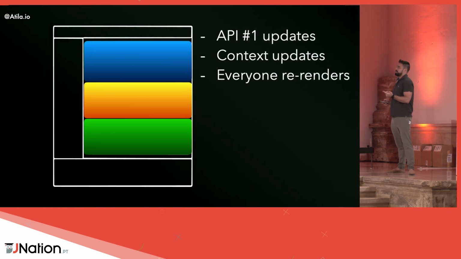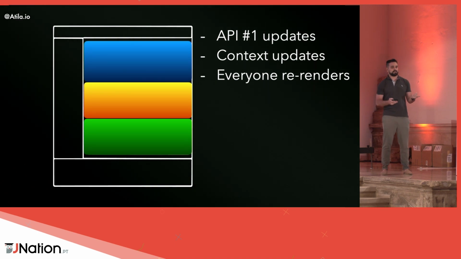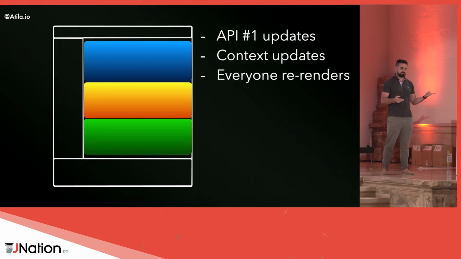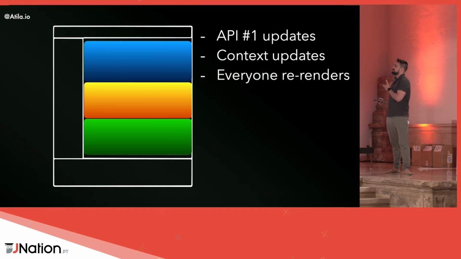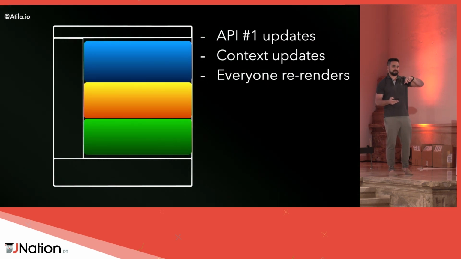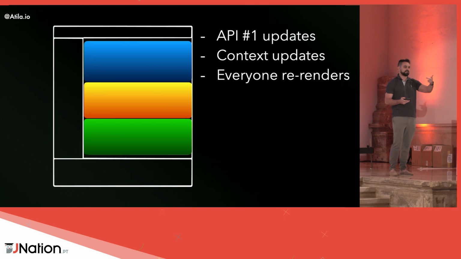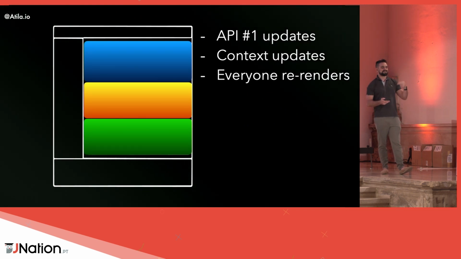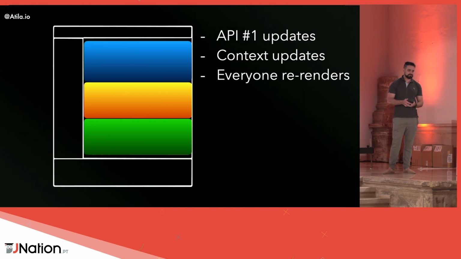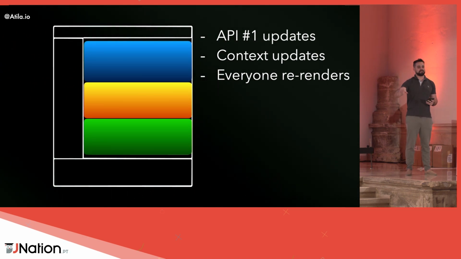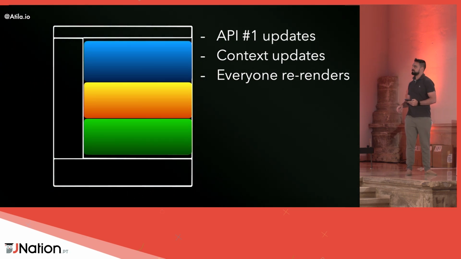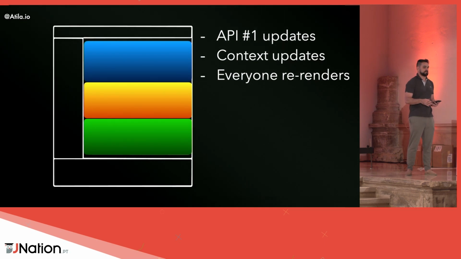Then one of the APIs gets updated. So let's say, I don't know, you got a new project. And then the context is going to update because one of the data dependencies got updated. The context updates, but because the context updates, everything under the context, all the children, are going to re-render.